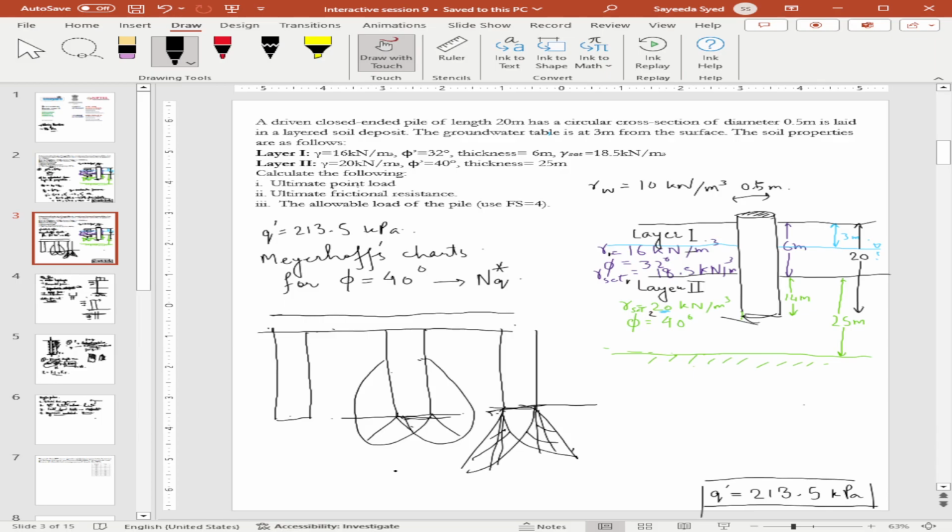This comes out to be, I calculated pi by 4 into 0.5 squared into 213.5 into 346.